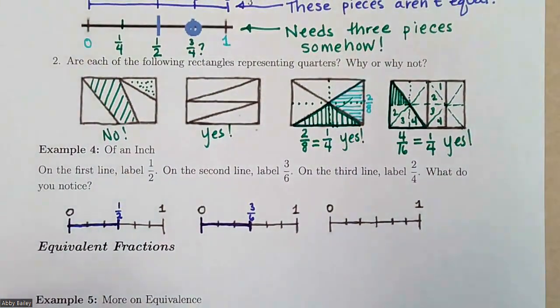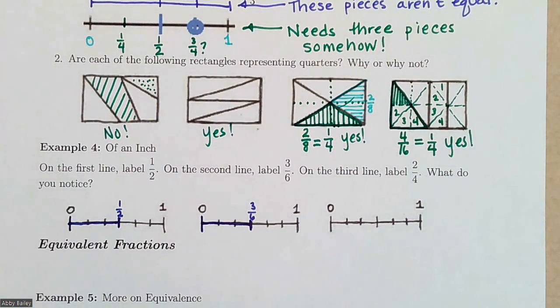Got it. On the third line, label 2/4. What? This is chopped into 6. Ouch. Okay. In order to have a quarter, I mean, 6 is not divisible by 4.